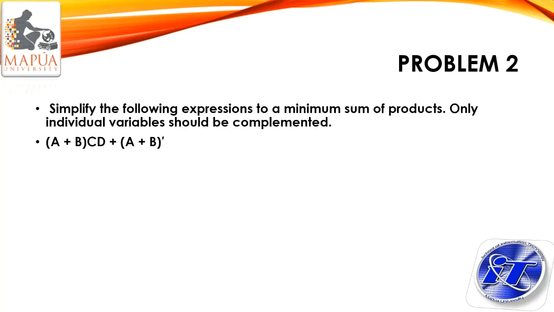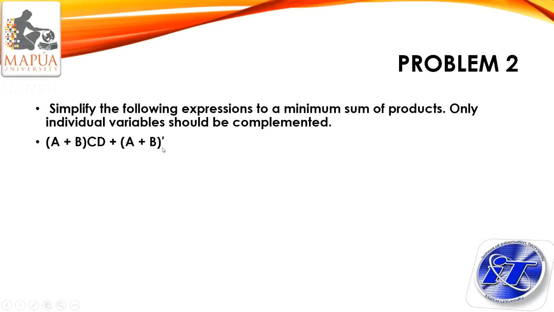Problem 2. Same task. Get the minimum sum of products and no shared negation. So our equation is a plus b added to cd plus not of a plus b. So let's analyze the given equation. What can you say about the first and the second term?